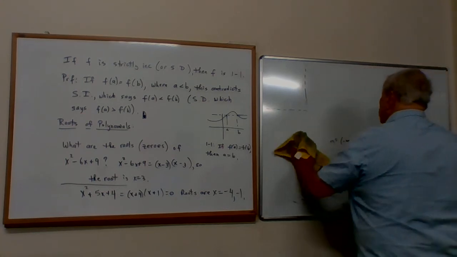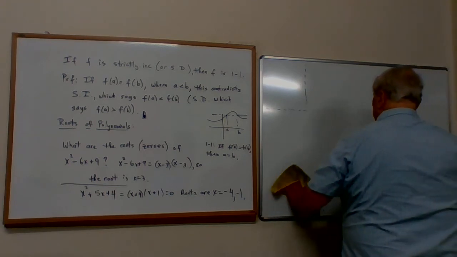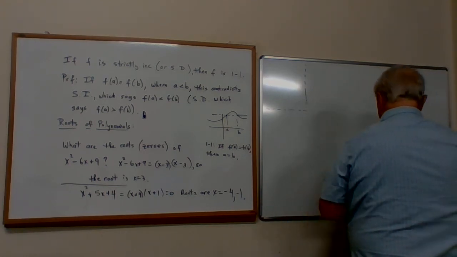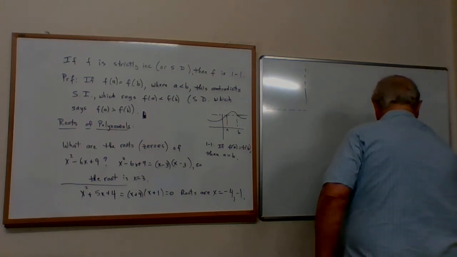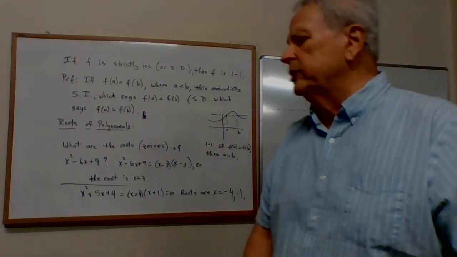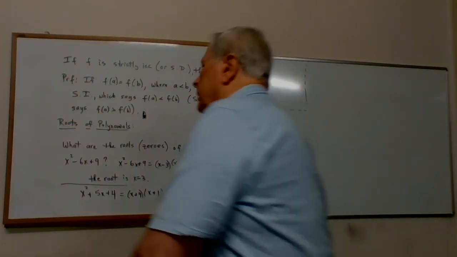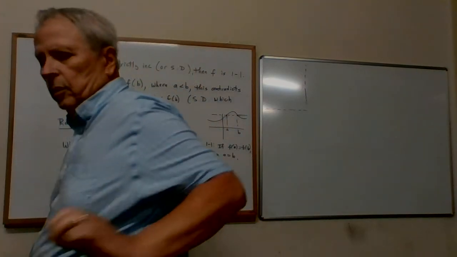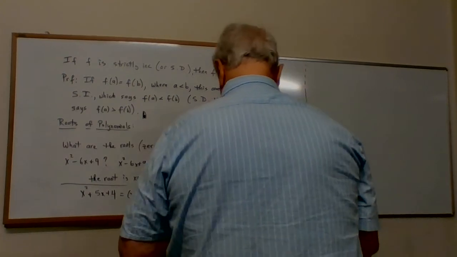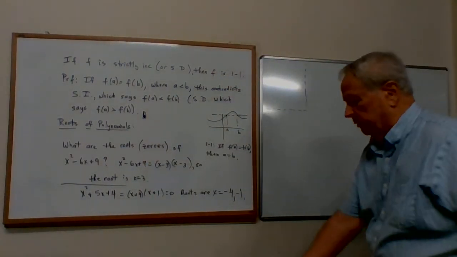But those are not rational roots, by what we proved a little while ago. Square root of 2 is not a rational number, and so this theorem has no hope for irrational roots, but it does have hope for rational roots. And we're going to prove that. It's called the rational root theorem.